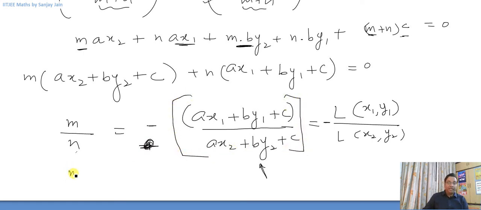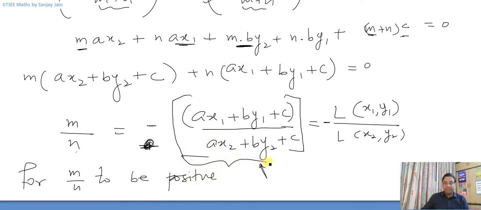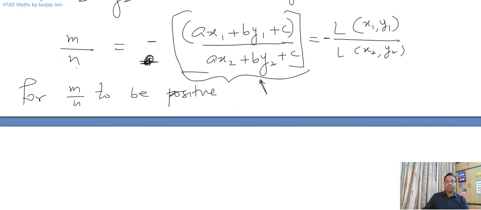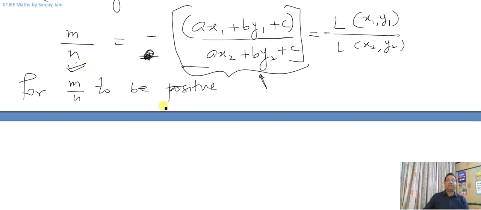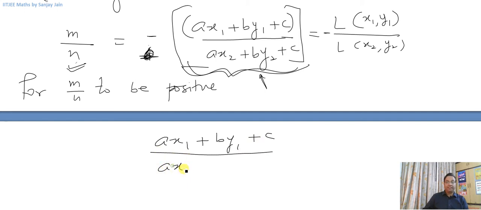So for m by n to be positive, this expression in the bracket should be negative, because there is a negative sign outside. For this term on the left hand side to be positive, this expression inside the bracket should be negative, because then negative negative will become positive. So for m by n to be positive, (ax1 plus by1 plus c) divided by (ax2 plus by2 plus c) should be negative, right?